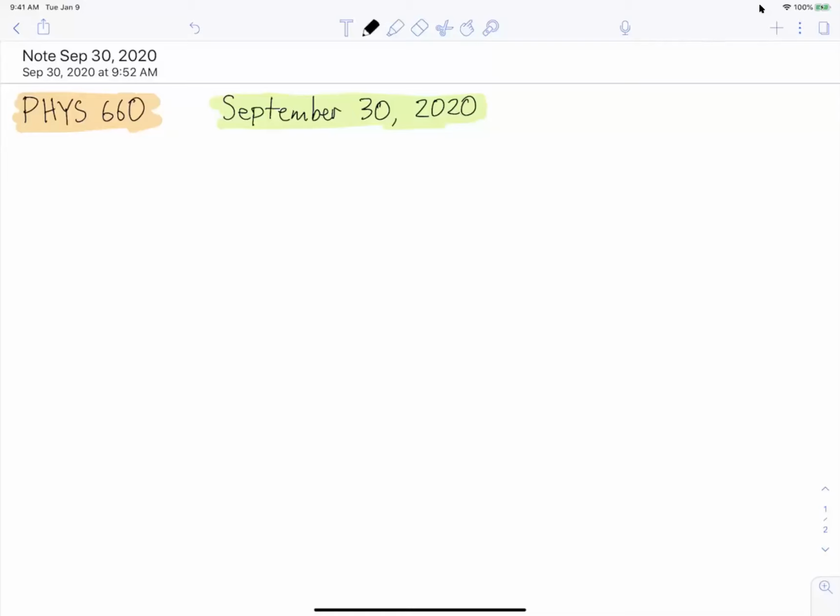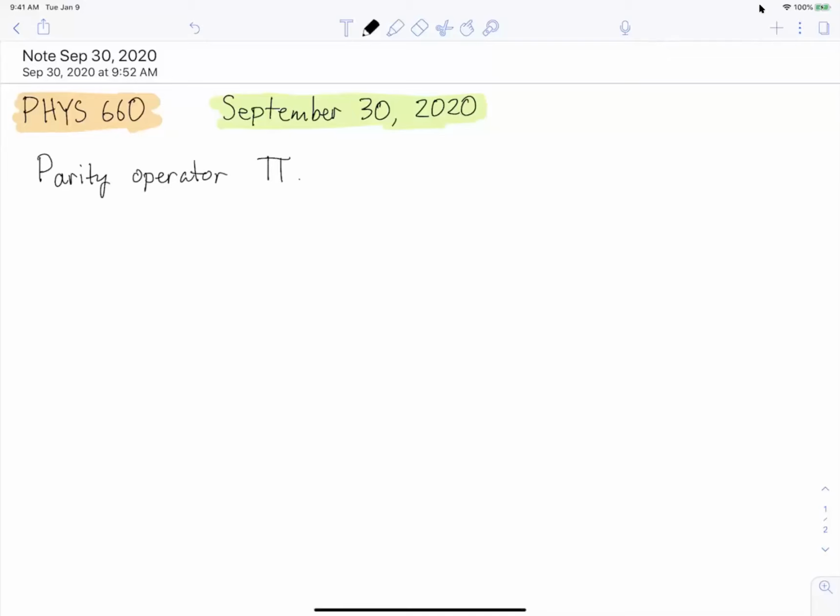And so last time we were talking about the parity operator, which we represent with a capital letter pi.